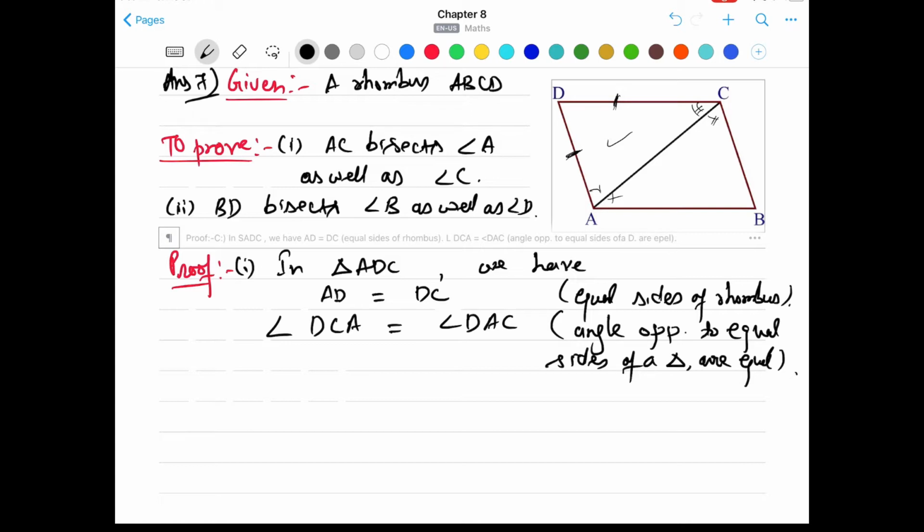Now since AB and DC are parallel and AC is a transversal, their alternate interior angles will be equal.